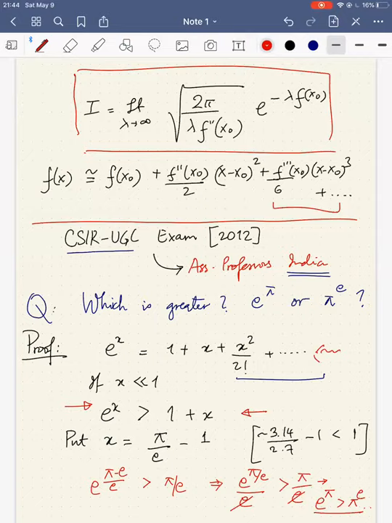So pi by e minus 1 is actually less than 1, which we can check roughly by writing pi as 3.14 and e as approximately 2.7, so this is much less than 1. If we put x equal to pi by e minus 1, we get something like this, which when we solve, we get that e to the power pi is greater.